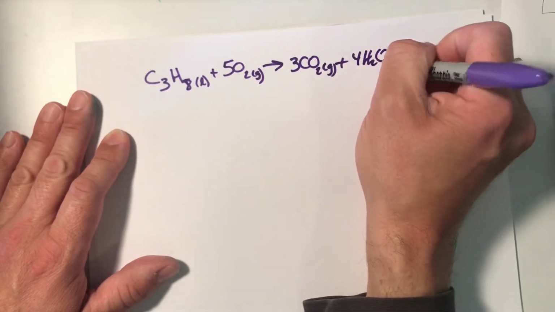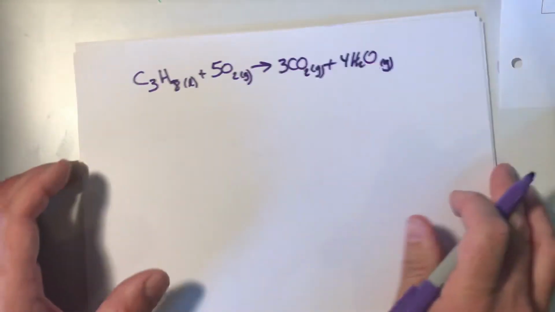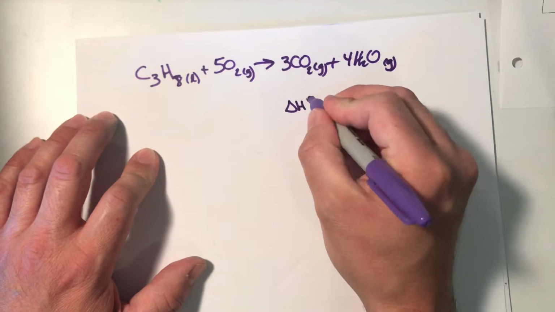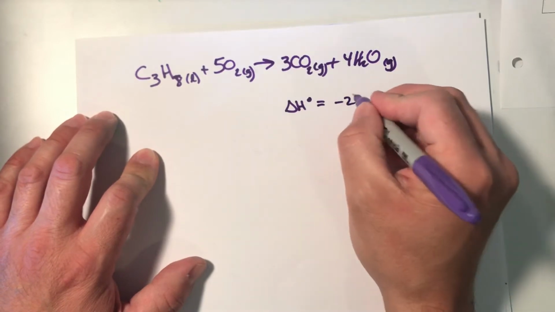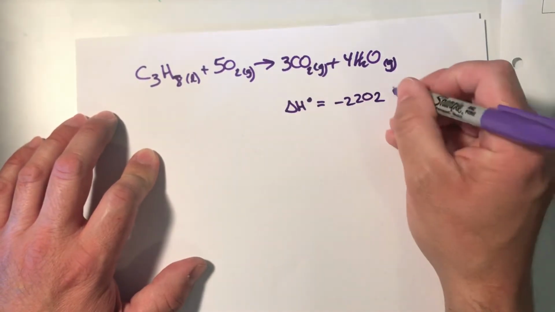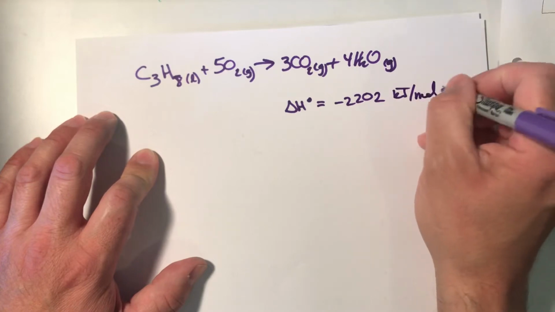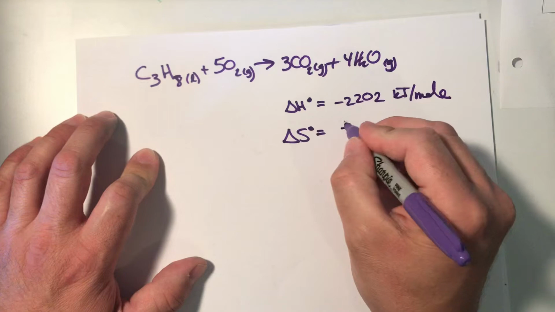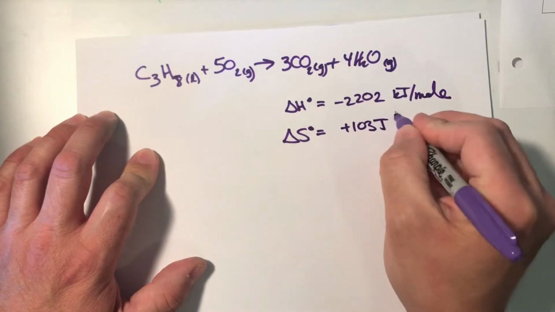If we go look up the values, or we calculate the values for delta H and delta S, we get that delta H for this process is minus 2202 kilojoules per mole. And the delta S for this process is going to be positive 103 joules per mole Kelvin.